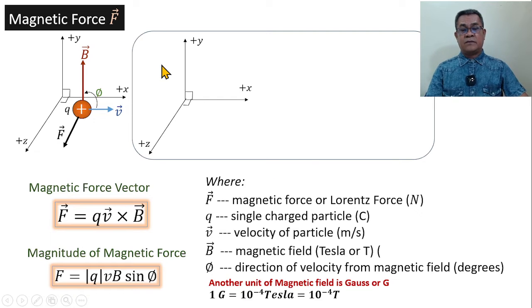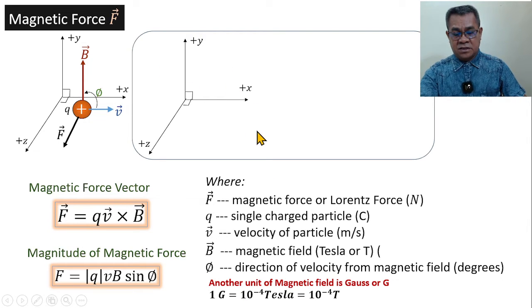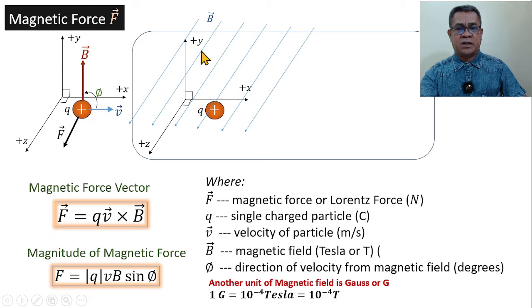So again, if we have x, y, z as the Cartesian coordinate system in space, then we have this charge Q. Now, suppose this charge experiences a magnetic field towards the positive z-axis. The question is how much force is experienced by the charge.